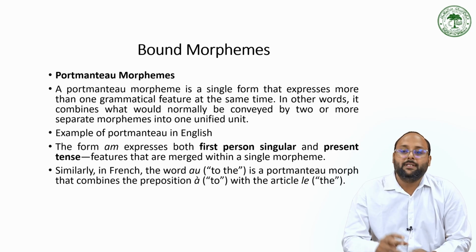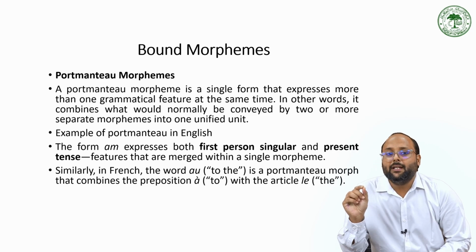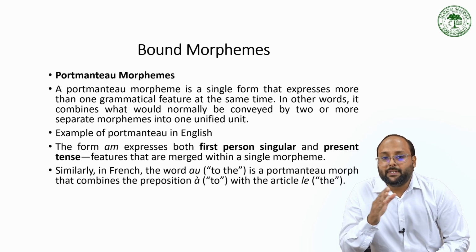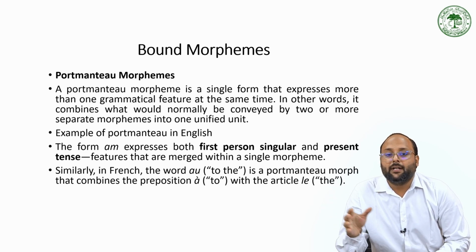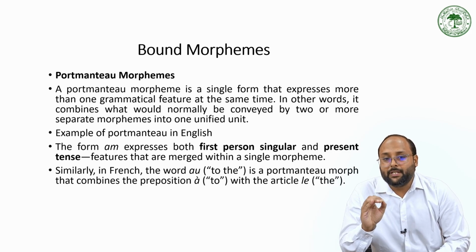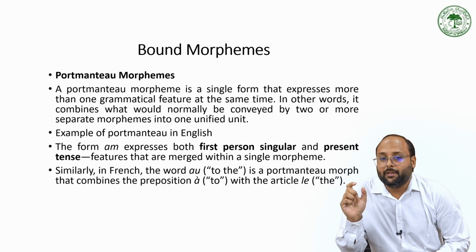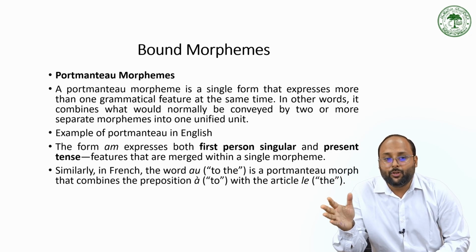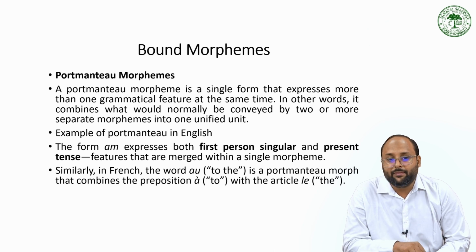That means one single morpheme represents different grammatical expressions. In English, we have the example am. Am expresses together the grammatical categories of first person, singular, and present tense. These features are merged within a single morpheme.